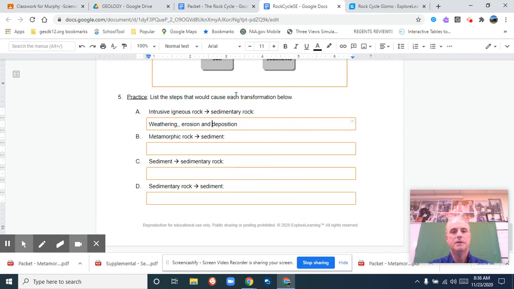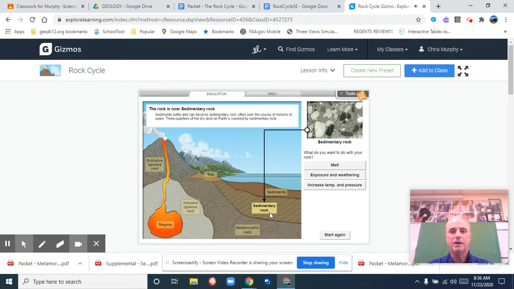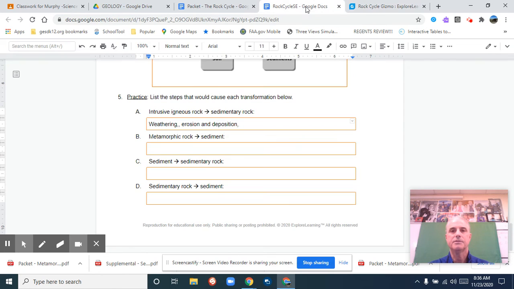Then going back, we have lithification and compaction. So our intrusive igneous rock to sedimentary rock is weathering, erosion, deposition, and lithification and compaction.